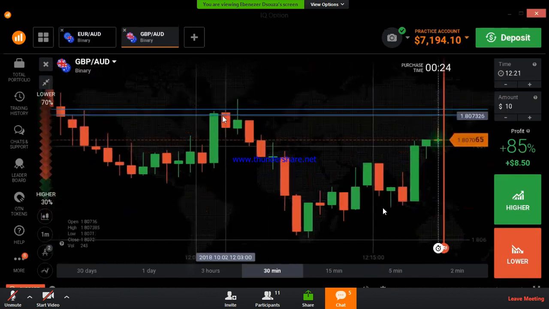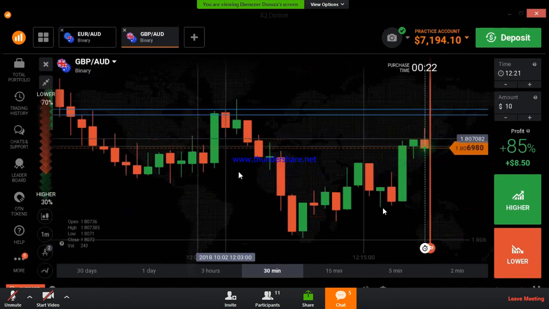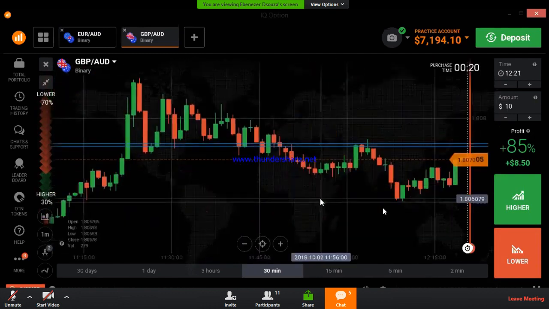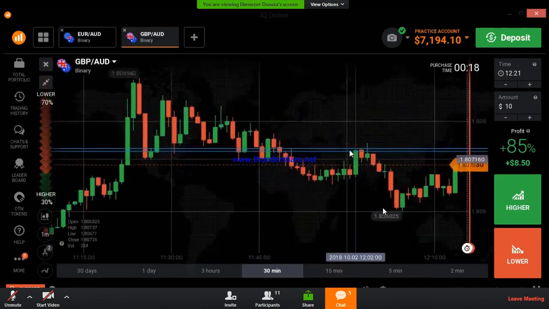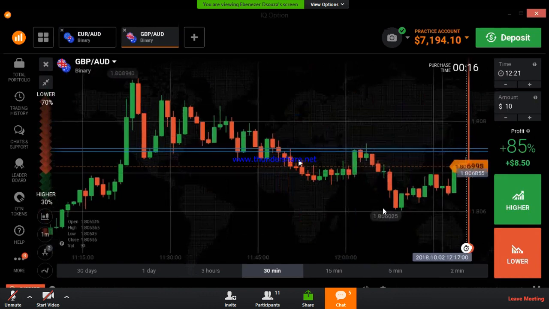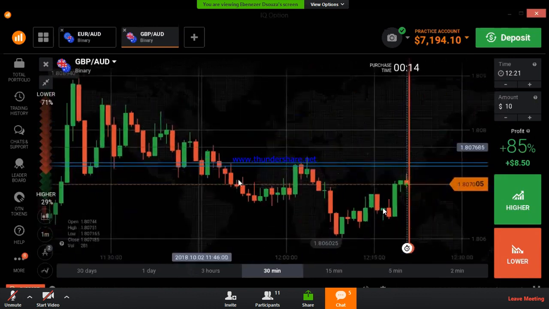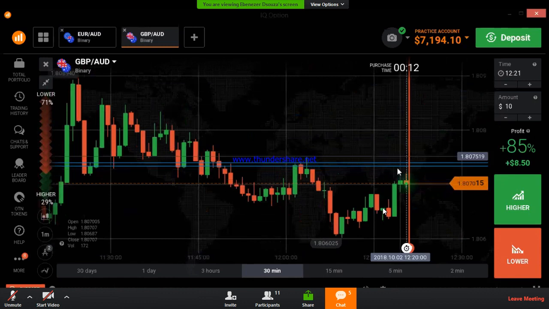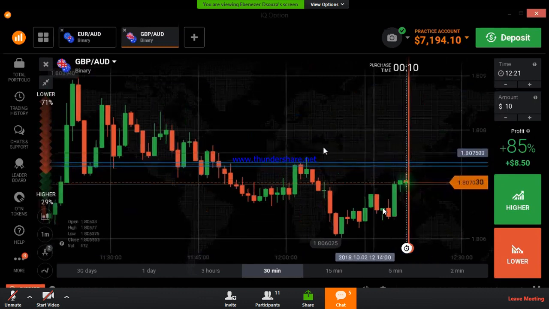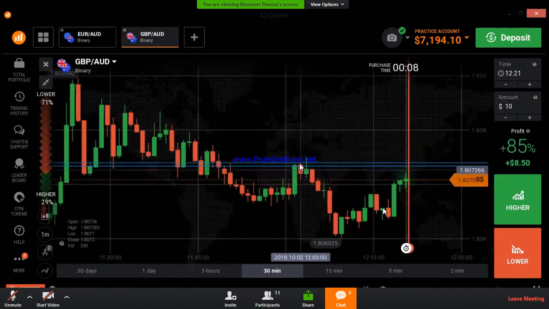Strong level means when the market comes to this level, it will reverse most of the time. Trade only the first time, don't trade the second time. You can see this is a downtrend, this is the breakout. You can trade here, you can't trade here because the market already tried to break this level.